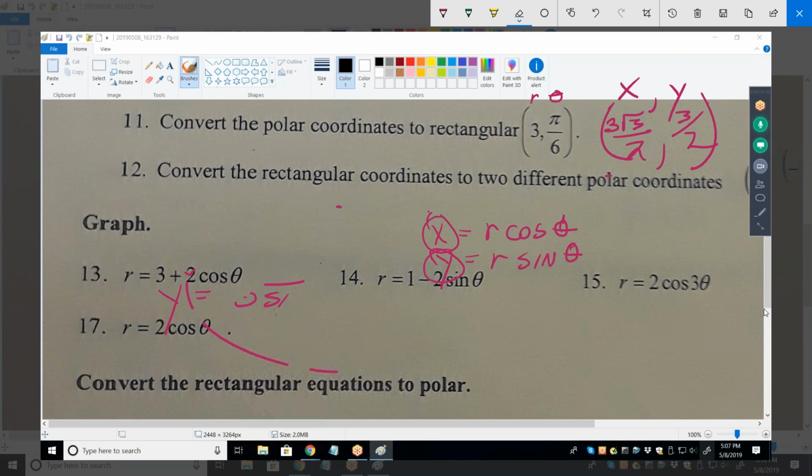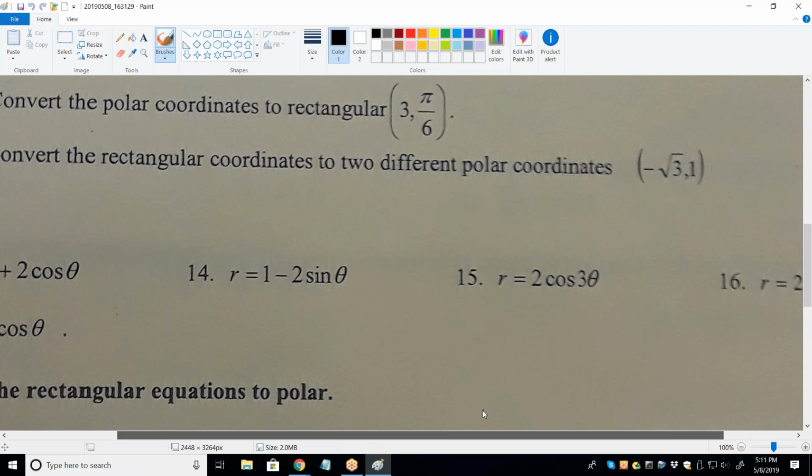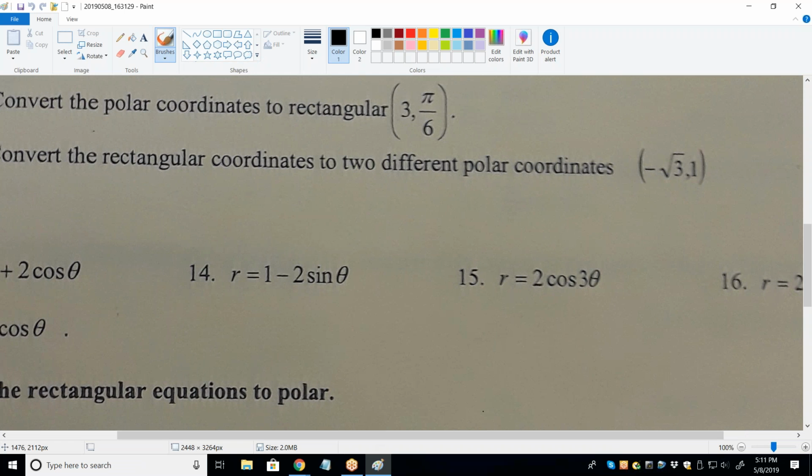Okay, so now let's go the other way. Convert the rectangular coordinates to 2 different polar coordinates. The rectangular coordinates are minus root 3 comma 1.